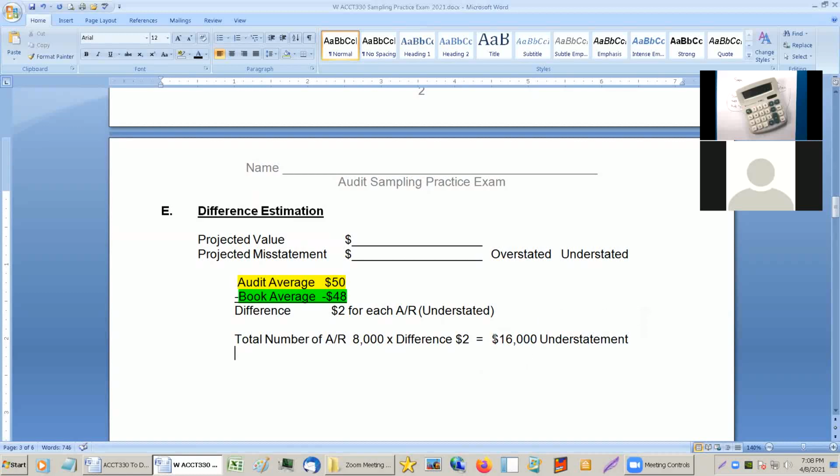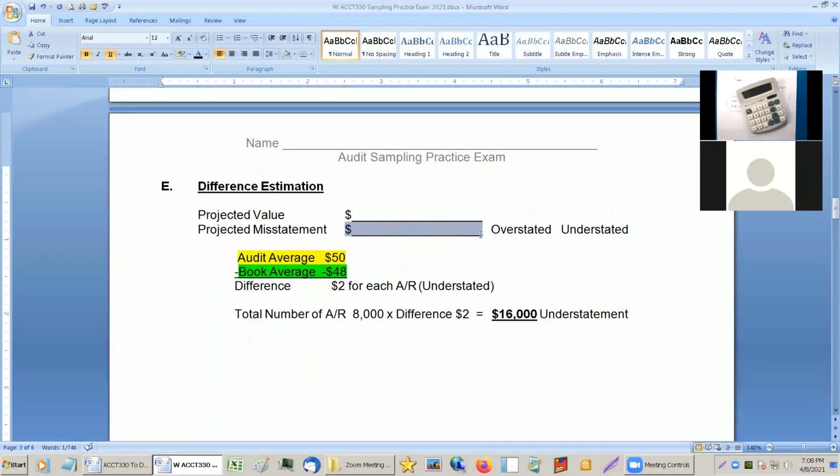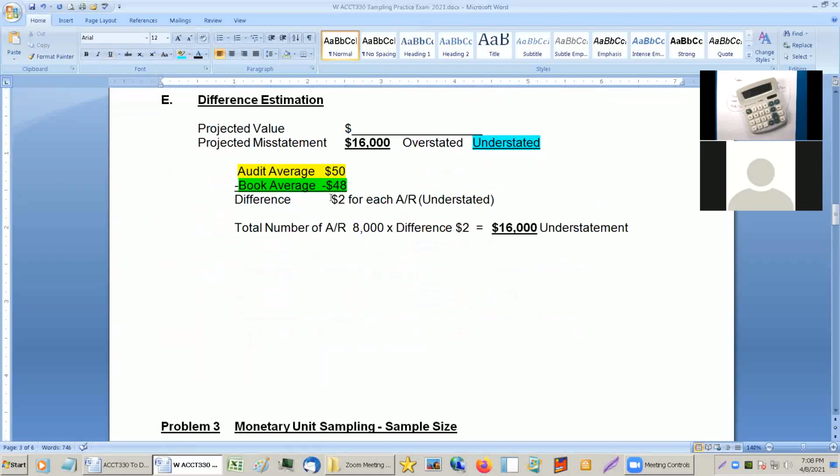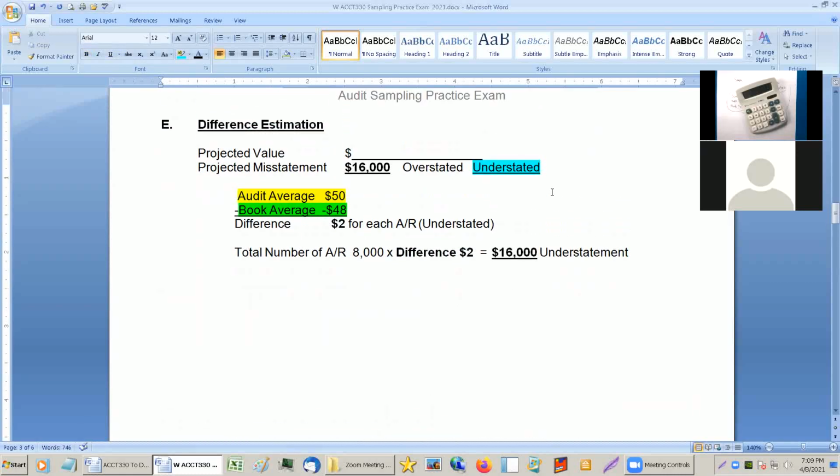So what we're saying is that every single accounts receivable is understated by the difference of $2. So on this one, you actually back into the projected value. Now, if this is an understatement, you'd have to add it.